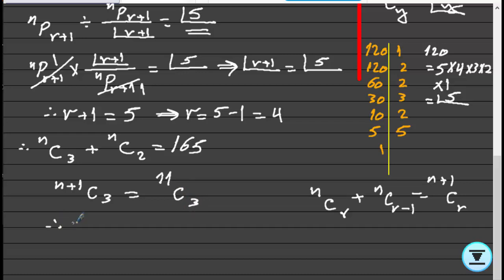So n plus 1 equals 11. It means n equals 11 minus 1, which equal 10. So the solution for this question are r equals 4 and n equals 10.